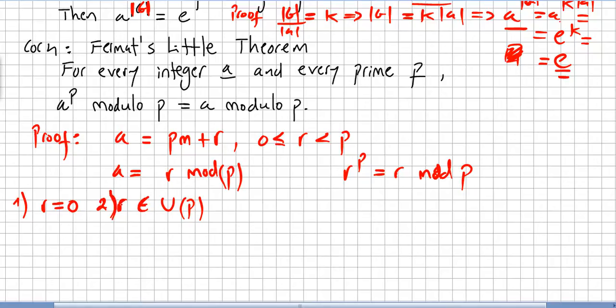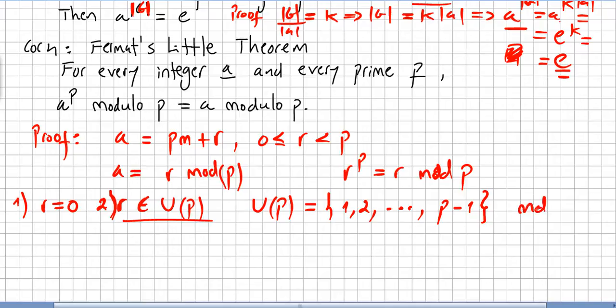So this is my second case. I have to assume that r is in the units modulo p. Do not forget that units modulo p will be 1, 2, up to p minus 1. Of course this is multiplication modulo p.